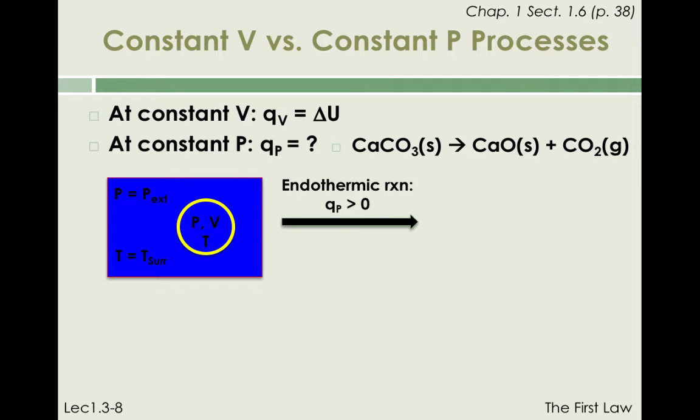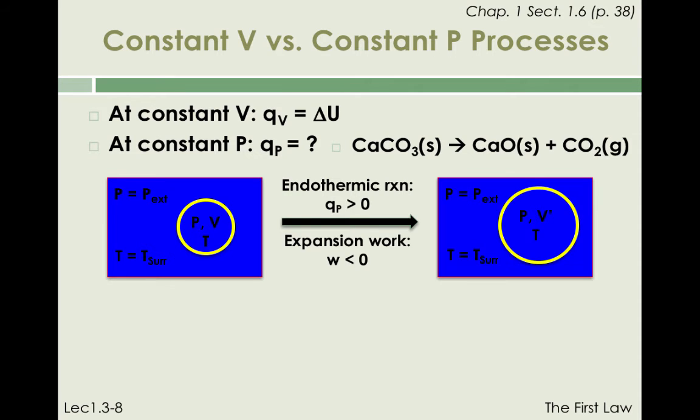Recall that 1 mole of gas occupies on the average 1,000 times the volume of 1 mole of solid or liquid. So, in our volume calculations for chemical reactions, we only need to pay attention to the gaseous substance. An expansion of the system implies that the system is doing work against external pressure. Hence, the work is negative.